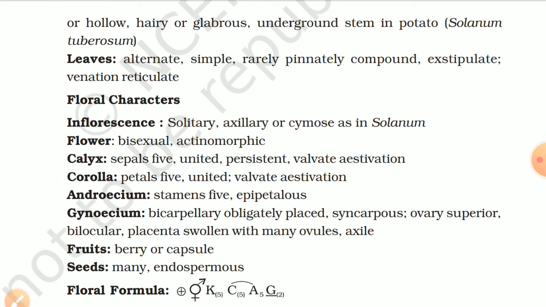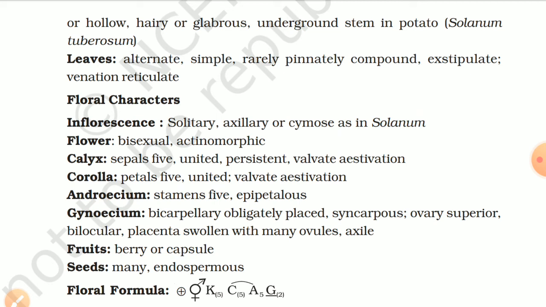Leaves alternate, simple, rarely pinnately compound, exstipulate, venation reticulate. Floral characters: inflorescence solitary, axillary or cymose as in Solanum. Flower bisexual, actinomorphic. Calyx sepals 5, united, persistent, valvate aestivation. Corolla petals 5, united, valvate aestivation. Androecium stamens 5, epipetalous.